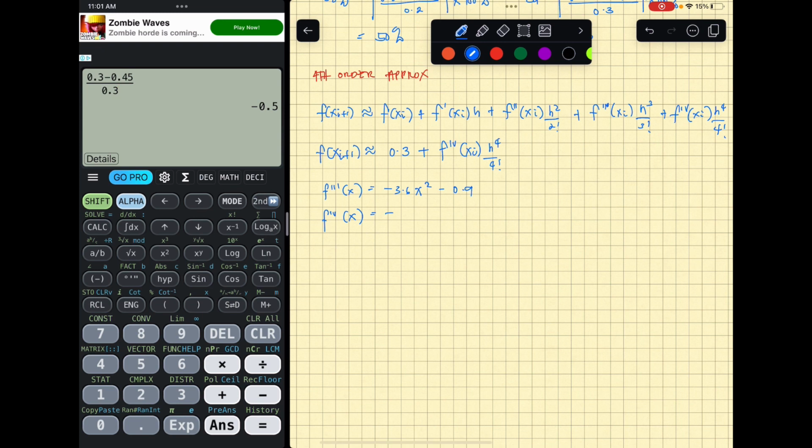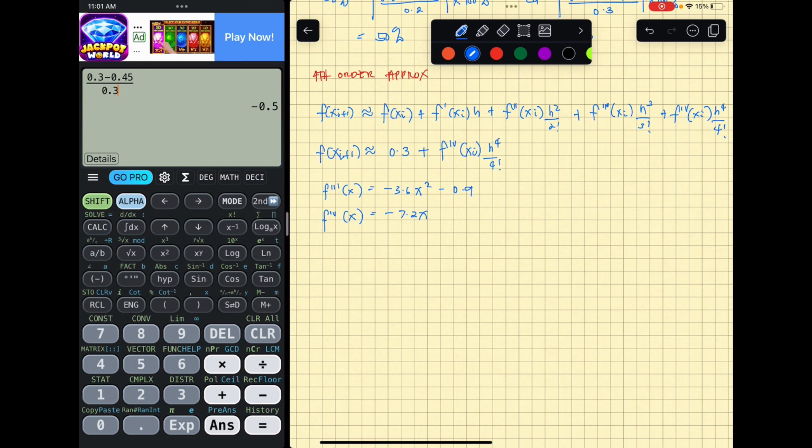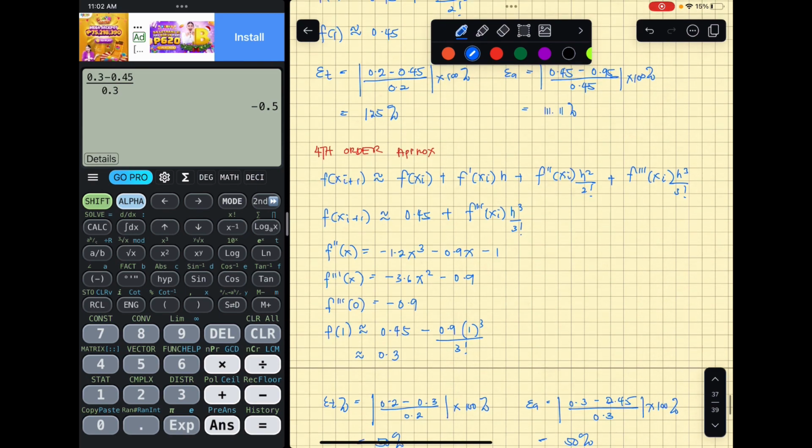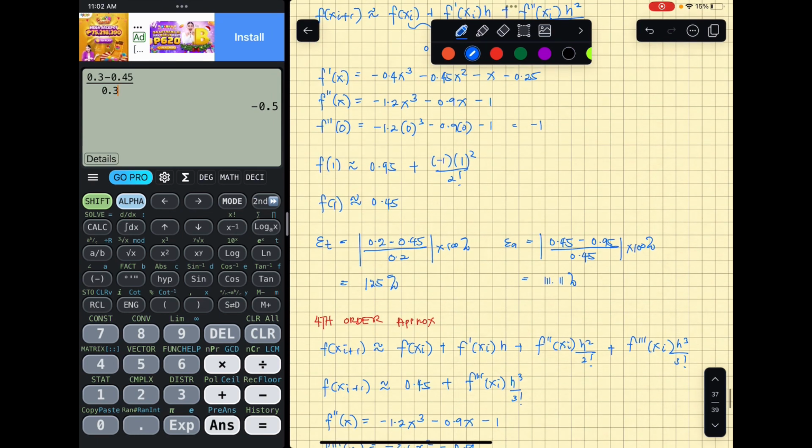So this is negative 36 times 2, 72, 7.2 x, then that would be 0. Wait. Negative x cubed.